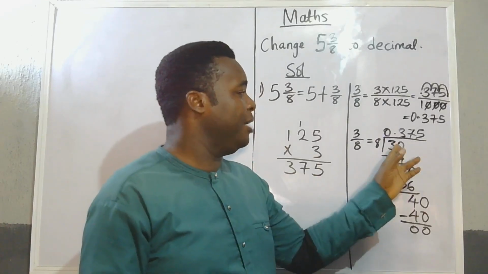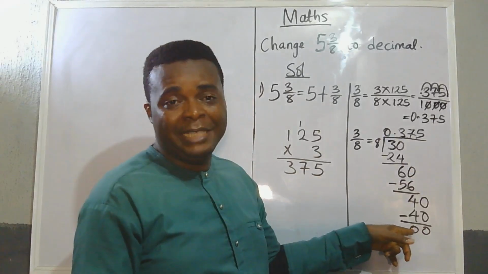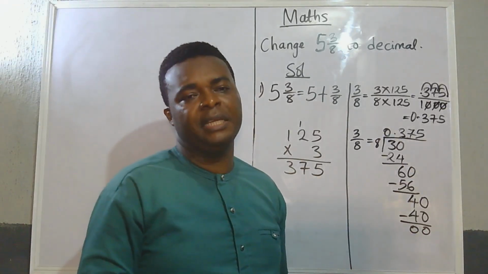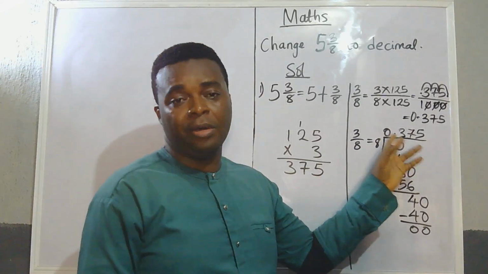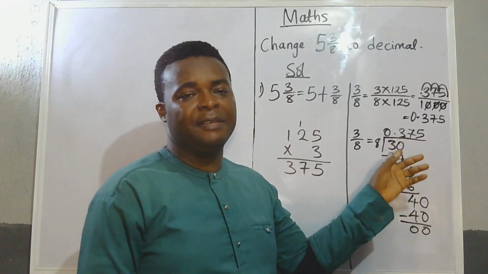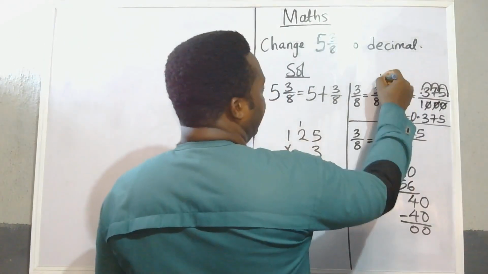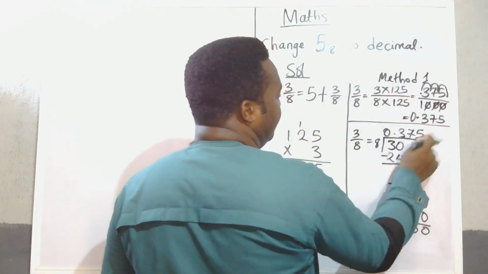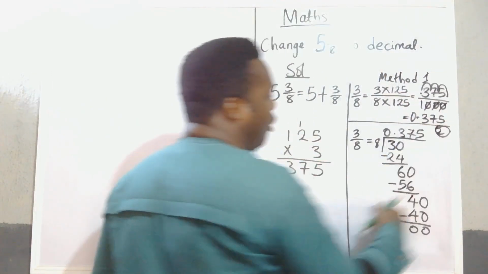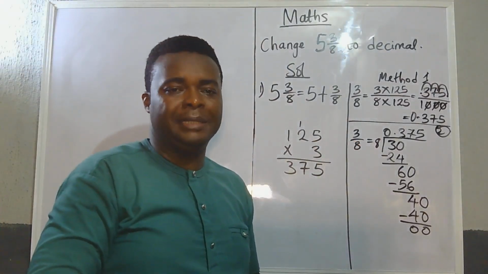If you have gotten 3 decimal numbers and it doesn't end with 0, just stop dividing. It's as simple as that. You have gotten your answer already, 0.375. So you can see this is method 1 and this is method 2 of changing fractions to decimal.